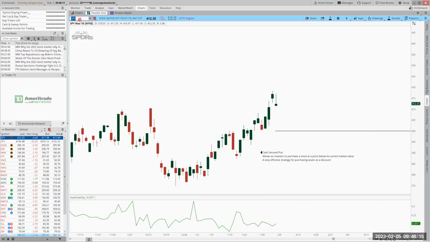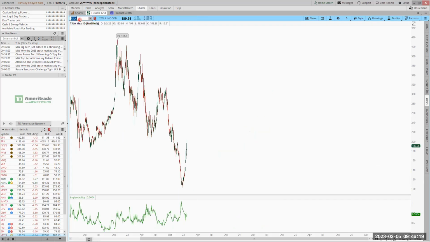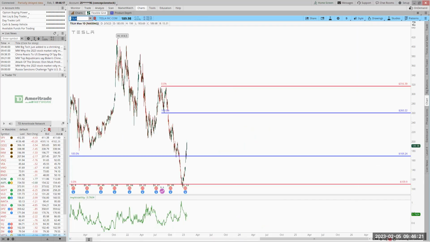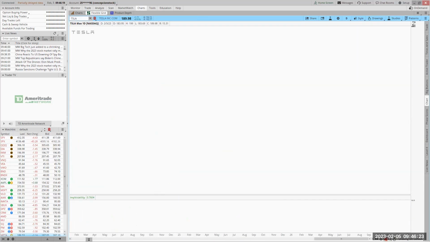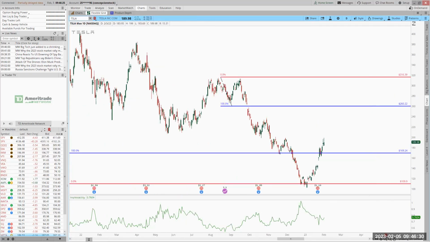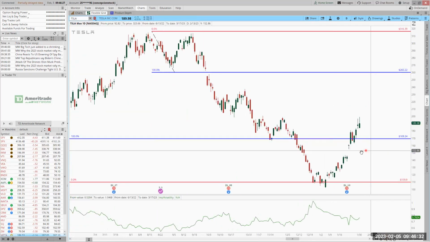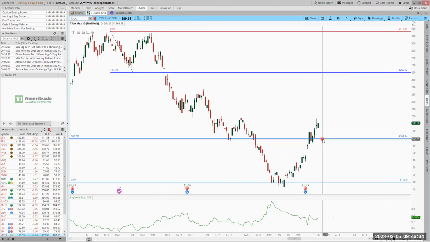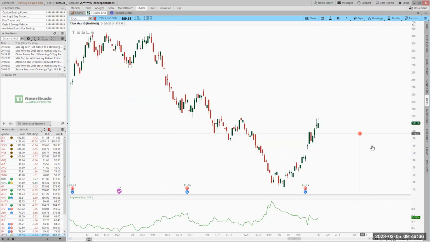I'm going to select Tesla. So Tesla's currently at $189.98.